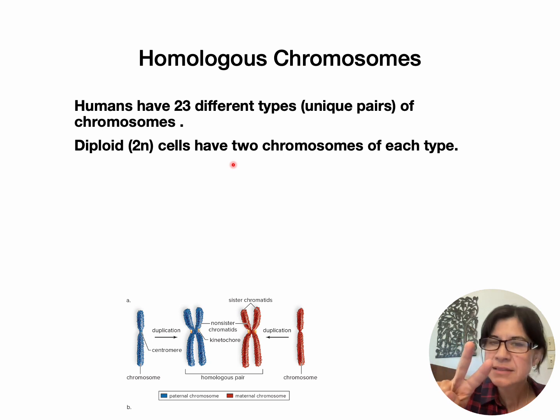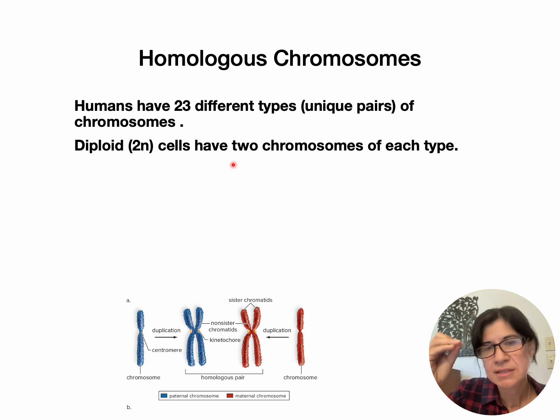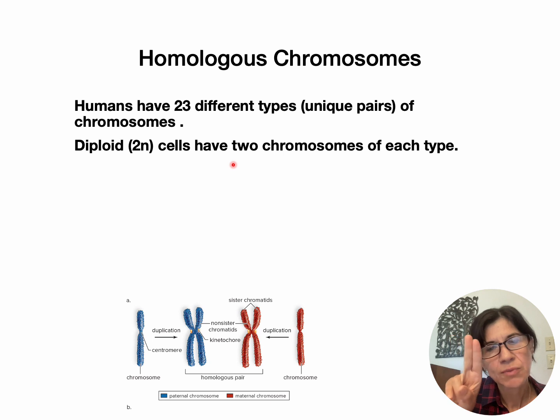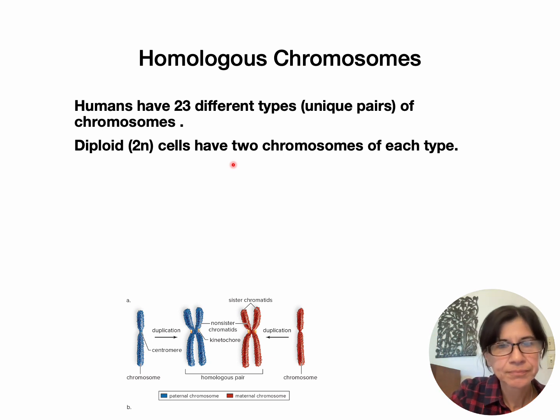Okay, so body cells are diploid. We're going to learn that sex cells, egg and sperm, don't have 2 chromosomes of every type. They only have 1. So we would say the sex cells are haploid. Di means 2, that's why diploid. They have 2 chromosomes of each type, or they have pairs of chromosomes.